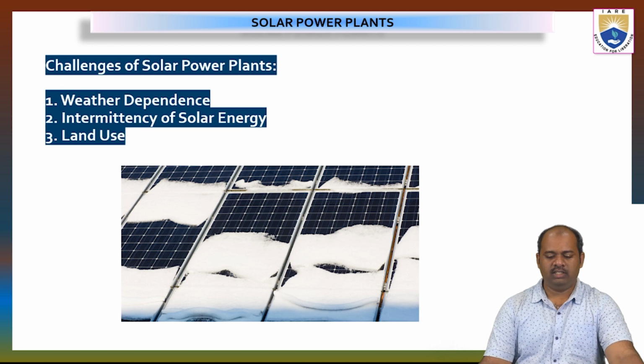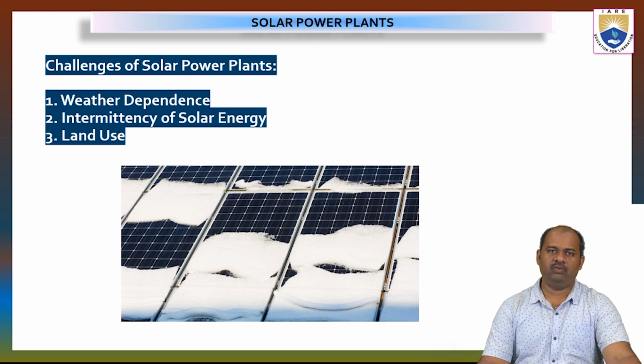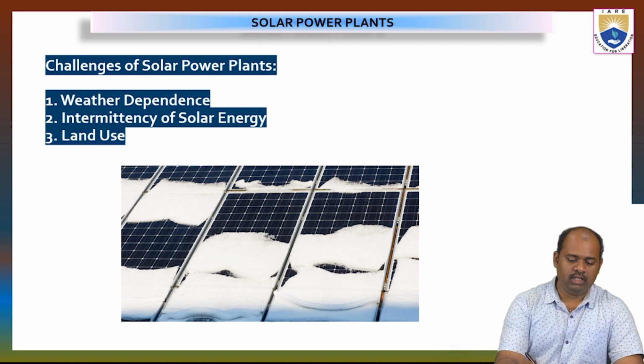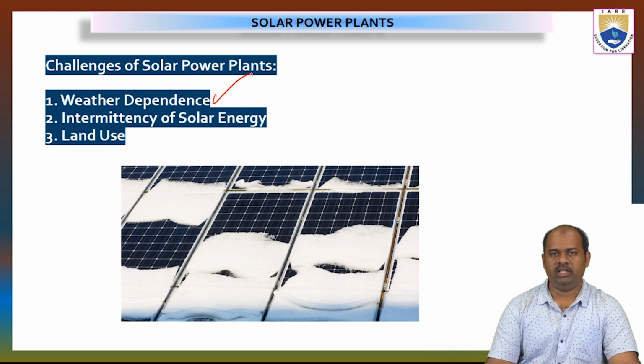Now there are some challenges of solar power plants that we have to overcome in order to make the solar power plant generate electricity more efficiently. The first thing is weather dependence.